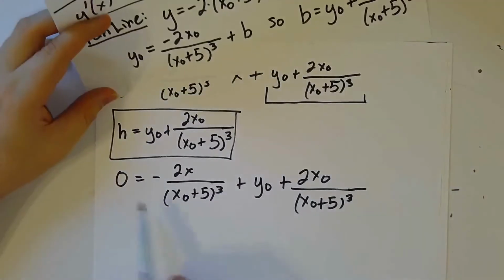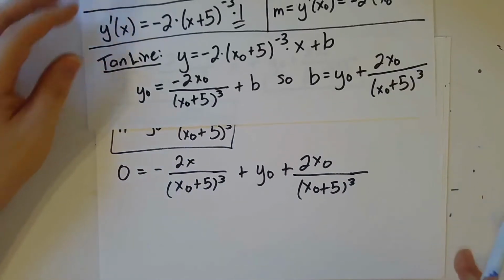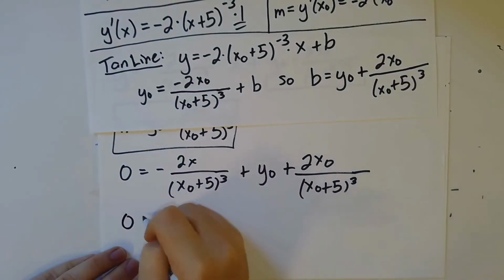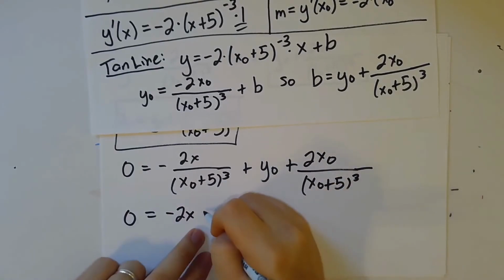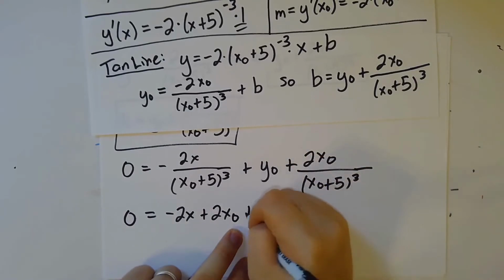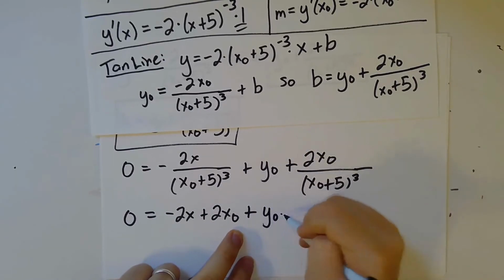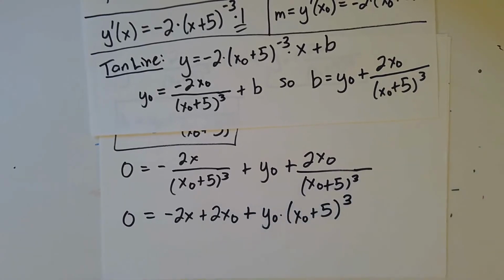I'm going to multiply everything through by (x naught plus 5) cubed, which gives me 0 is equal to minus 2x plus 2x naught plus y naught times (x naught plus 5) cubed.